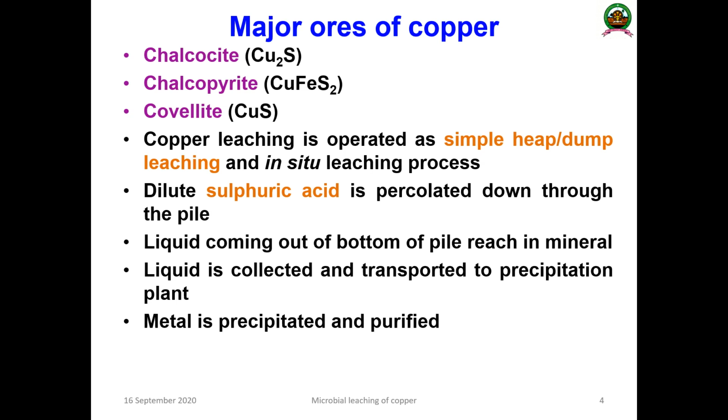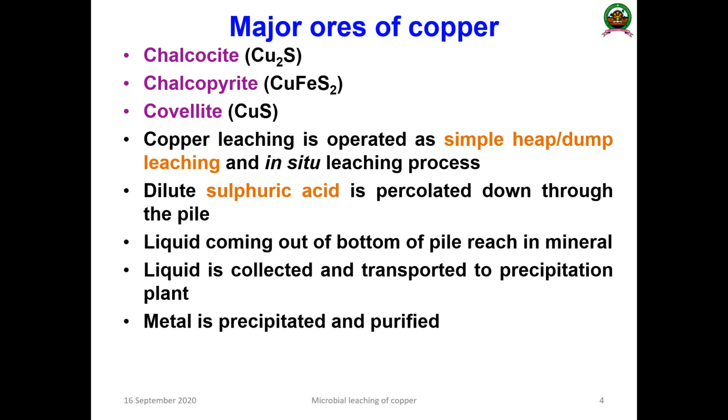If you take a simple overview of the bioleaching of copper, that process is known as dump or heap leaching. Dump or heap leaching is the major approach for the bioleaching of copper, and this is the first step in copper extraction at the industrial level. In the biotechnological aspect, we can also use the in situ bioleaching process.